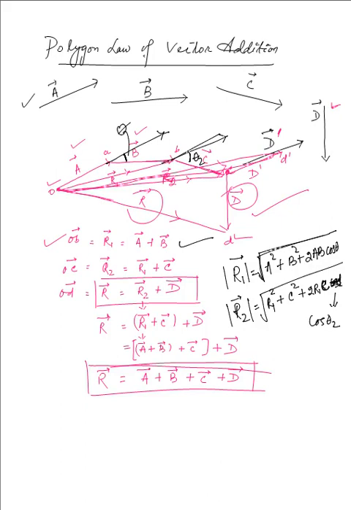So we'll be discussing a few properties of vectors, and thereafter we'll be moving over to the method of taking the components of vectors, which is an efficient way of addition of vectors. But these are the basic rules that we must know.